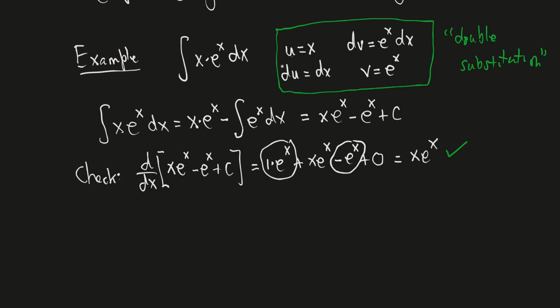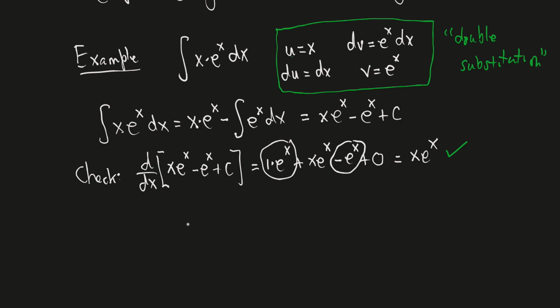Well, let me rephrase that. This part of the process, in terms of choosing u and dv, because once you make that choice, right away you're going to have to do a derivative here and an antiderivative there. Now, I can't guarantee that you'll always do those correctly. I'm hopeful, I think that's what's going to happen. But at the very least, I can give you a recipe for making the right choice for what u should be and what dv should be.